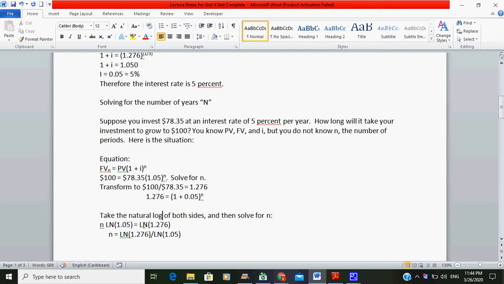Currently ln 1.05 is multiplying n, so to get rid of it, you divide this side by ln 1.05 and also the other side by ln 1.05.